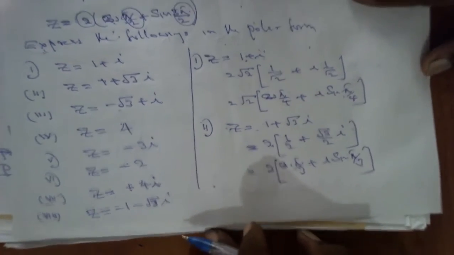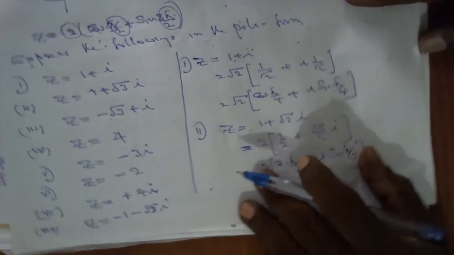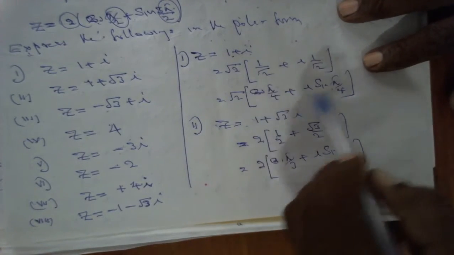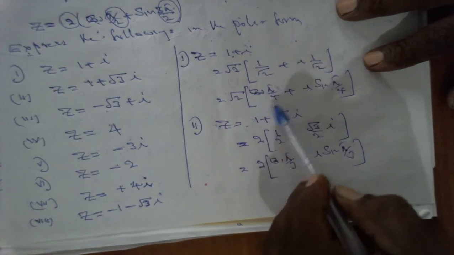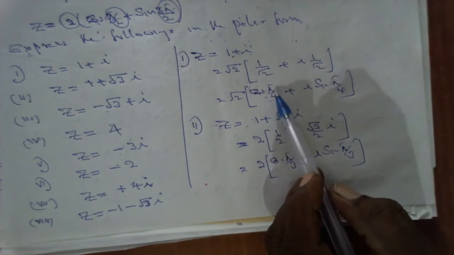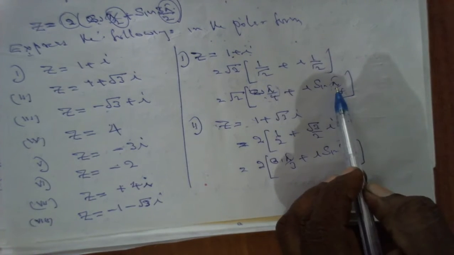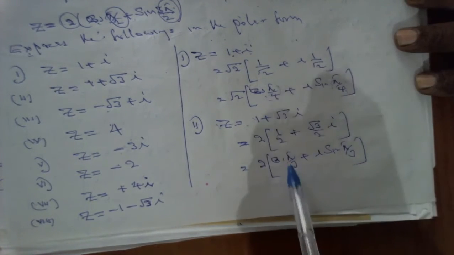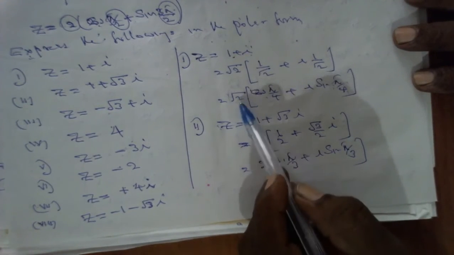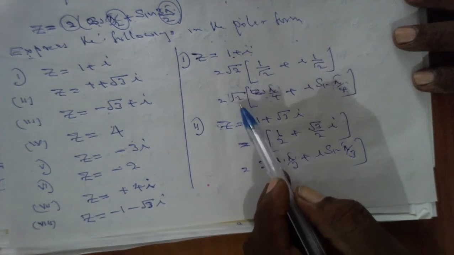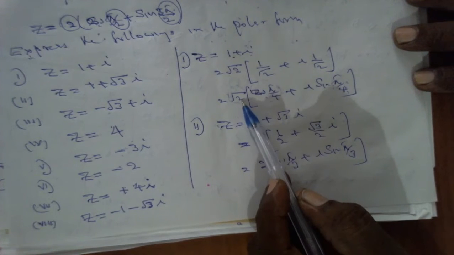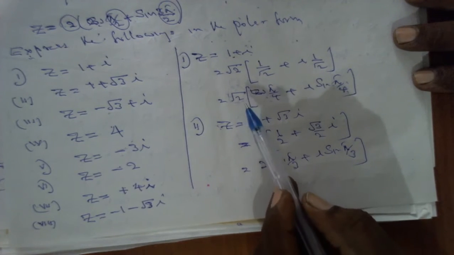So keep in mind, always, when you express in polar form, the cosine term should be here, the sine term should be here. You cannot use different angles here and here. There should be the same angle here and here. And the other thing is this coefficient here, R, is always the magnitude or modulus of a complex number. The modulus of a complex number is always non-negative.